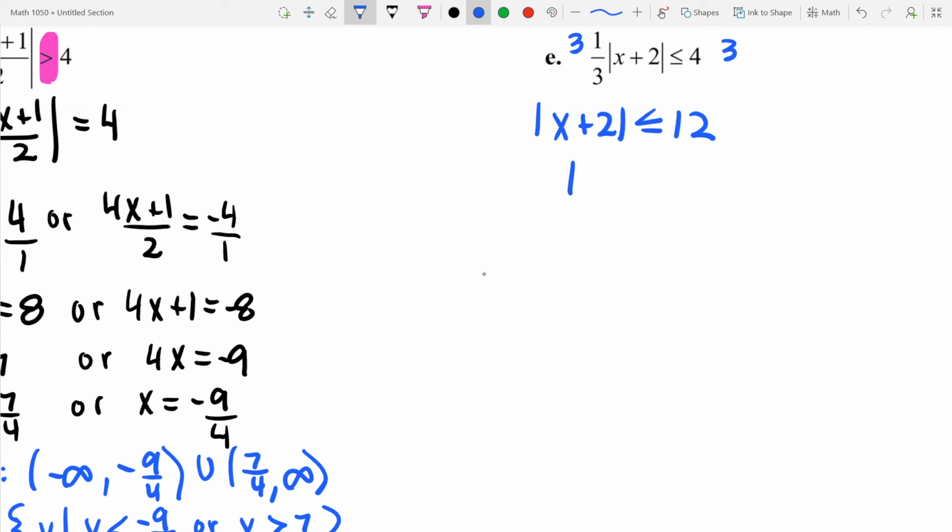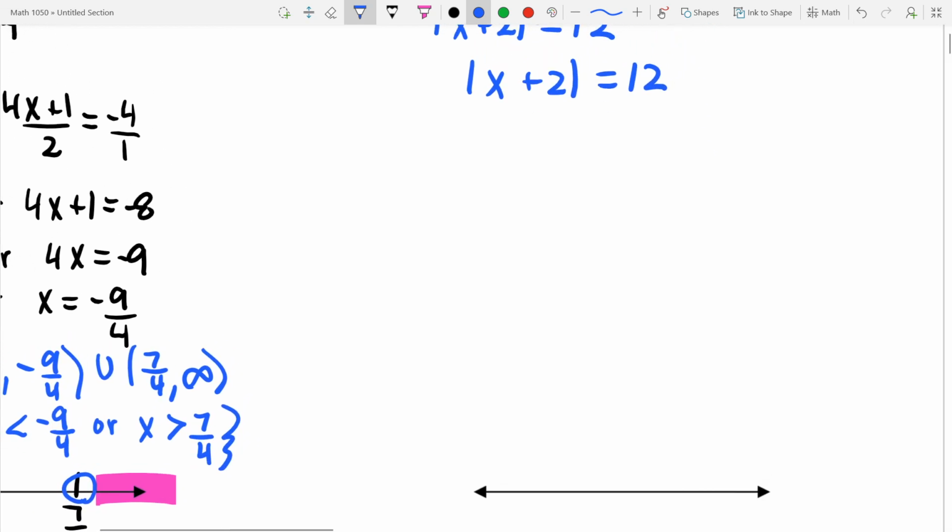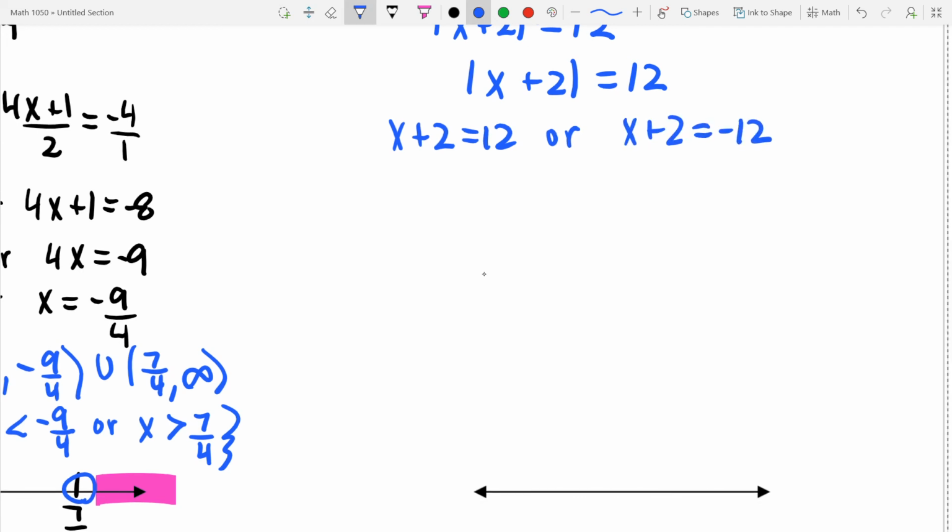Equals, right? Do I drop my absolute value? No. Absolute value of x plus 2 equals 12. Tell me what to do now. Split. So x plus 2 equals 12, or x plus 2 equals -12. Move the 2 over, you get x equals 10. Move the 2 over, x equals -14. Tell me what to do.